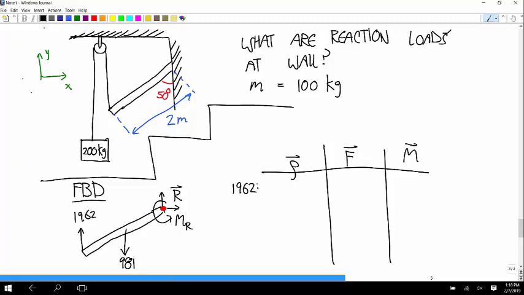So what's the row vector? How would we calculate the row vector for the 1962? What we're looking for is this vector, where this angle is 50 degrees and this length is 2.